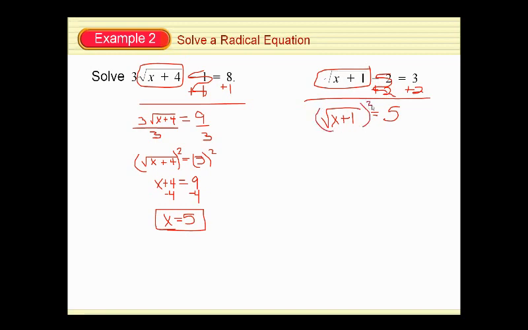To get rid of the radical now, I square on both sides. All that squaring does is get rid of that radical, so I have x plus 1 equals 25. And now I can finish solving it. Subtract 1 on both sides. And I end up with x equals 24.